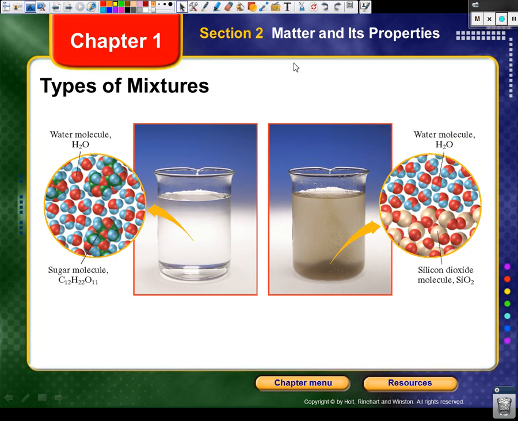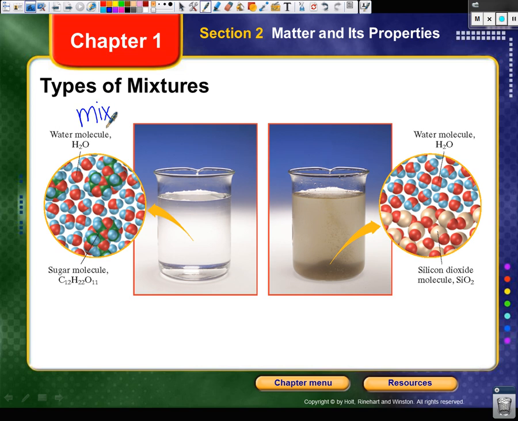The one thing that I do want to point out in this picture is notice how the sugar molecules, and I want you to write this somewhere around this particular picture, are mixed throughout. Okay? They are mixed throughout.